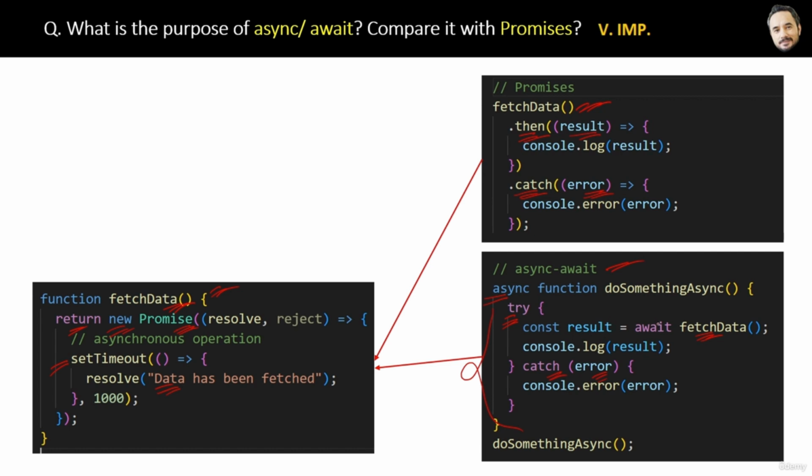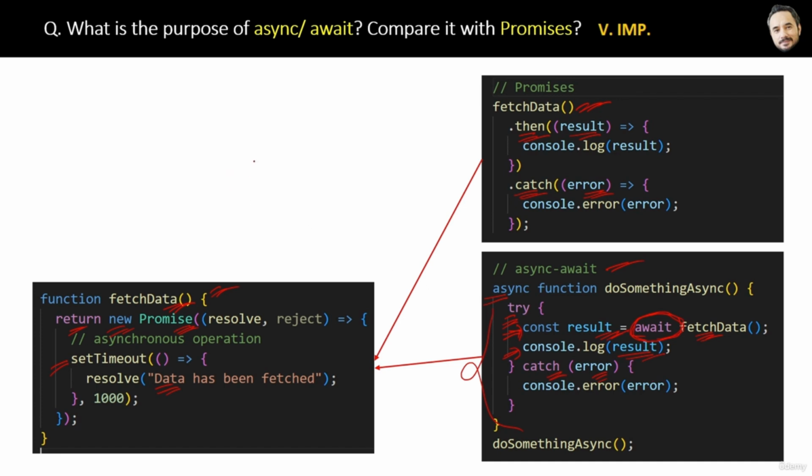Then inside here, we use the await keyword for fetchData. The reason for using await is that we want to wait for the result here, right? Otherwise, how can you log the result? If you do not put await here, both the fetch and the logging of the result will run concurrently, and that will cause a problem, right? So that's how async and await work together.